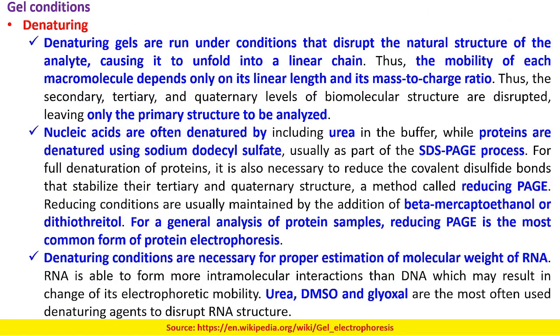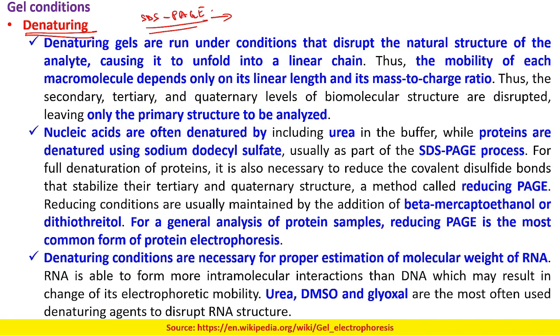Now, gel conditions: there may be two conditions. The denaturing gel, and an example of a denaturing gel is SDS PAGE. Now why? What does it do? When you talk about proteins, I told you that PAGE is basically used for proteins.